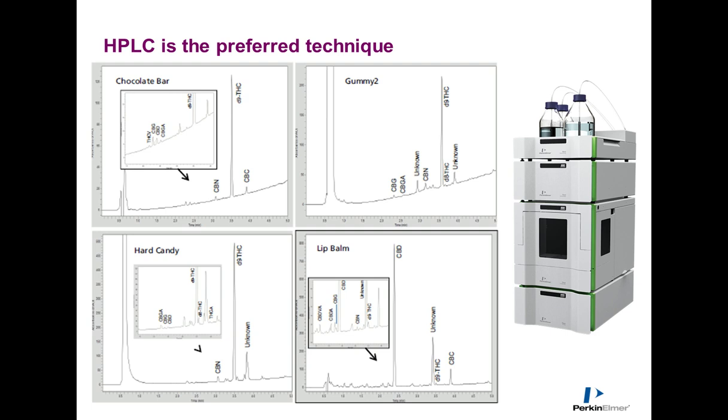And what we can see here is the chromatography of some real-life cannabis samples taken out of the Oregon and California market. What you'll see is that the chemistries do differ a little bit, and you'll see that the sample types are very different as well. We have a chocolate bar, a gummy, a hard candy, and even a lip balm. What this presents are some unique preparation differences and challenges potentially to the lab.